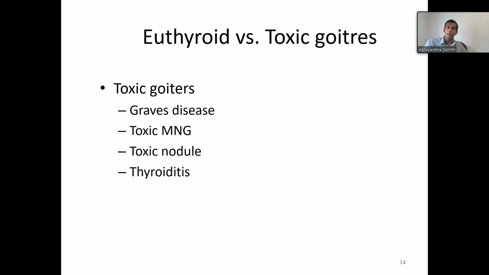When you have toxic goiters, it could be Graves', toxic multinodular goiter, or a solitary nodule with thyrotoxicosis. And due to thyroiditis, again you get a diffuse goiter with hypothyroidism or with thyrotoxicosis. So these are the ones. If you get a patient with thyrotoxicosis and a goiter, you have to think of these things.